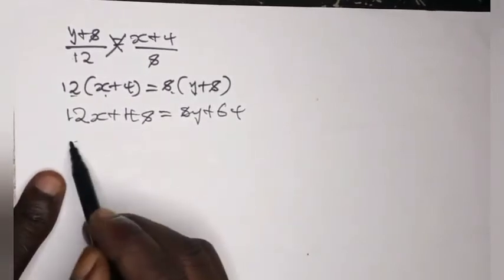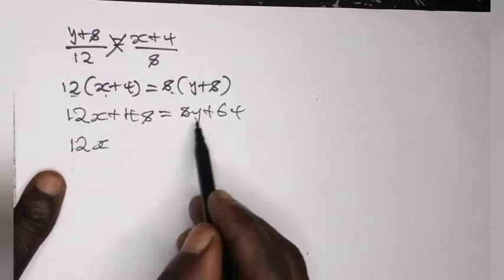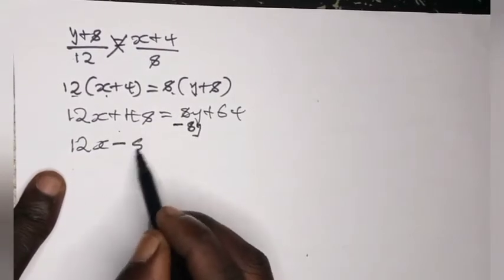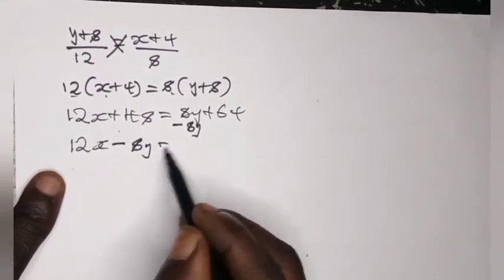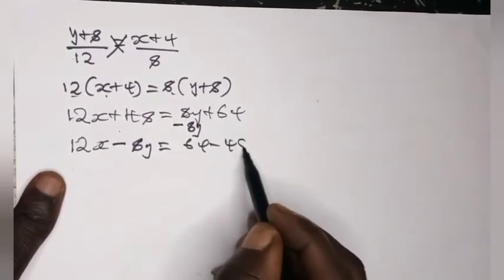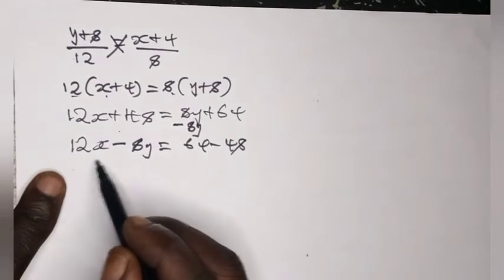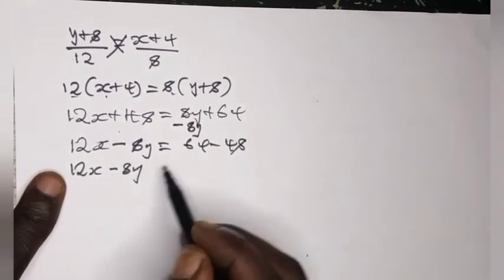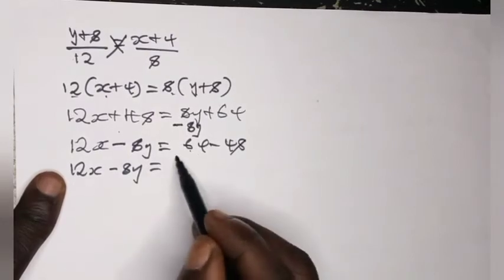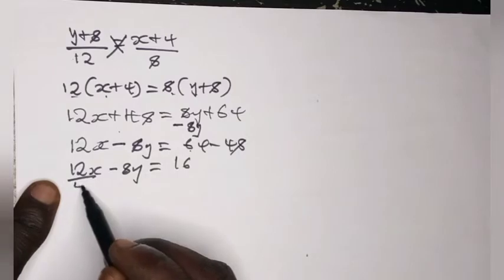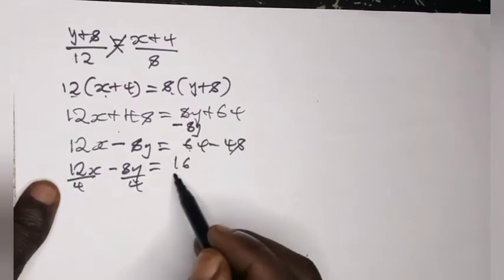Then 12x, when y comes to the other side, it will be minus 8y, equals 64, because this is positive 48, here it will be negative 48. So 12x minus 8y equals 64 minus 48, which is 16, and we are going to divide by 4 to reduce it.